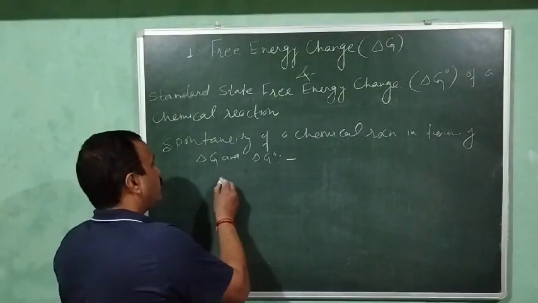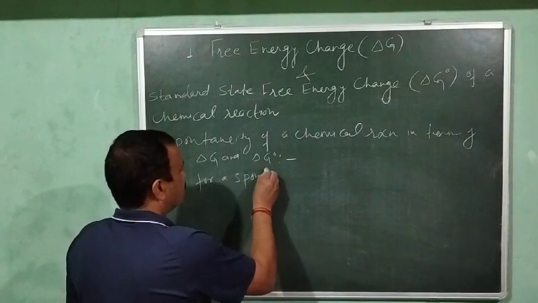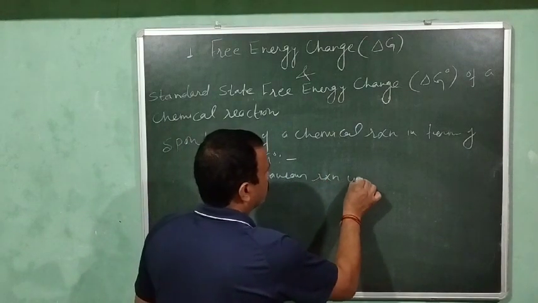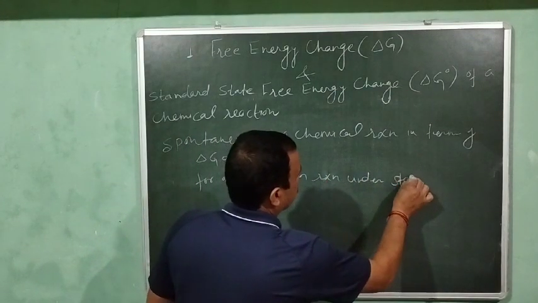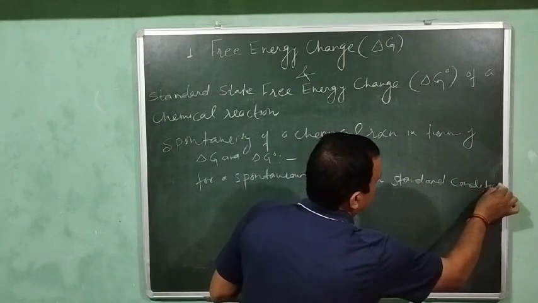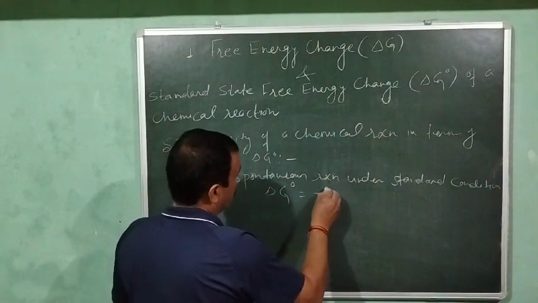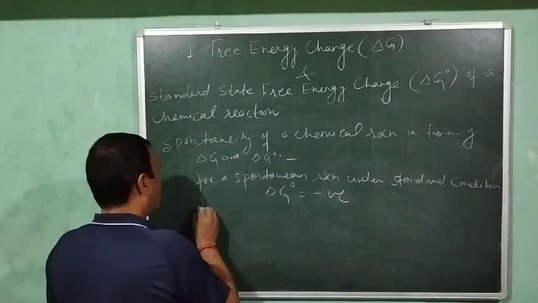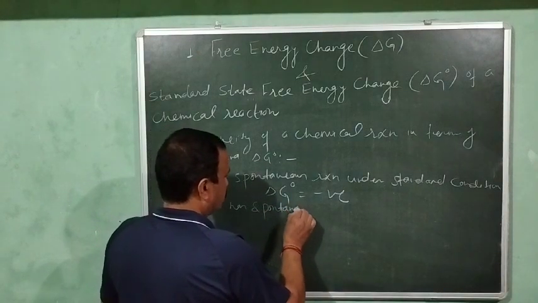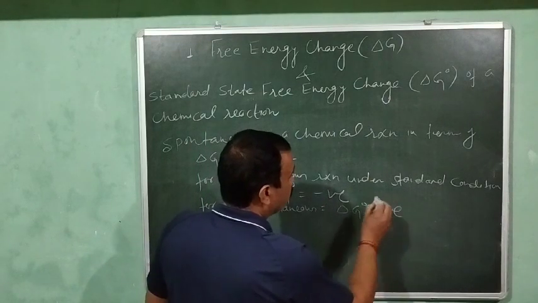So for a spontaneous reaction under standard condition, delta G naught will be negative, and for a non-spontaneous reaction, delta G naught will be positive.